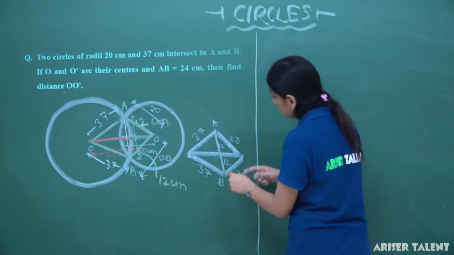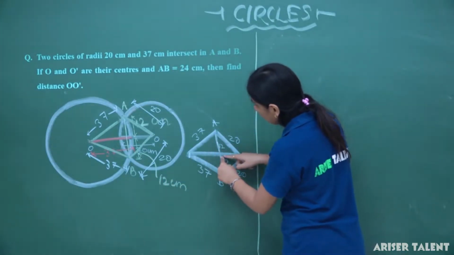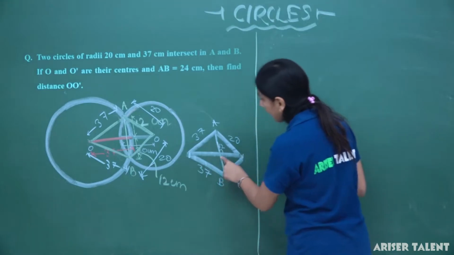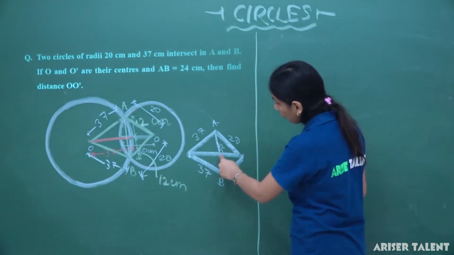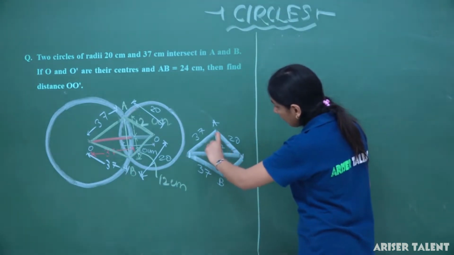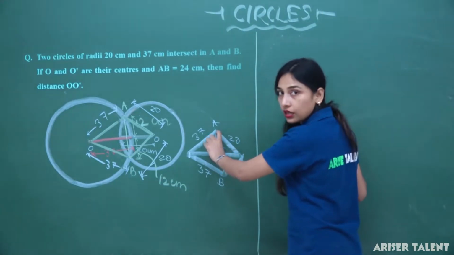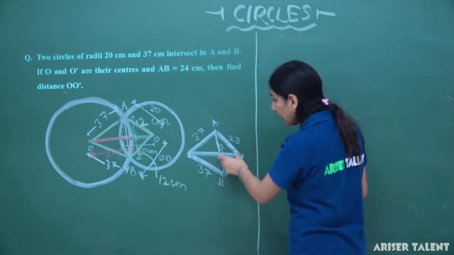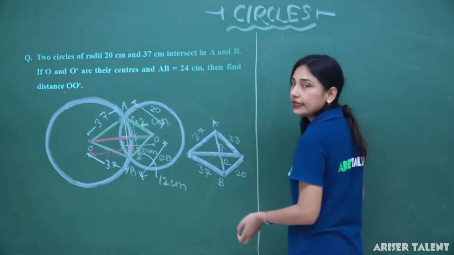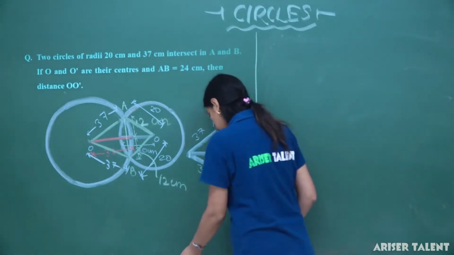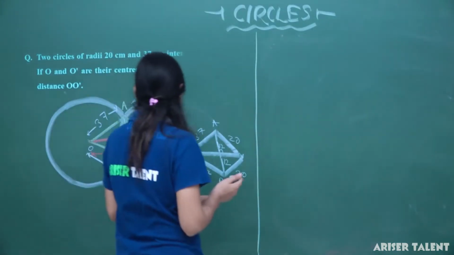It's simple, students. In this triangle it is a 90 degree angle. So this square will be equal to this square plus this square, and similarly for this. You can add this side and get the answer. So the solution part is simple.